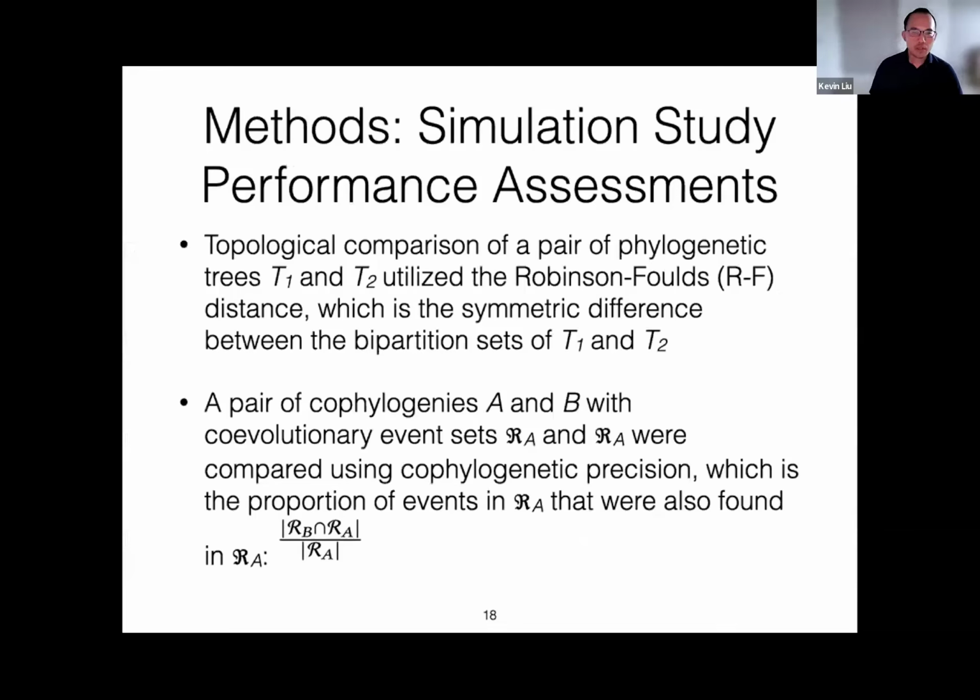And then to actually do the comparisons of the estimates versus either the reference or ground truth, we used the Robinson-Foulds distance to compare the trees based on their topological differences. For the cophylogenies, we used a similar calculation from Wesecki et al., which essentially looked at the proportion of coevolutionary events in one of the cophylogenies and not the other.